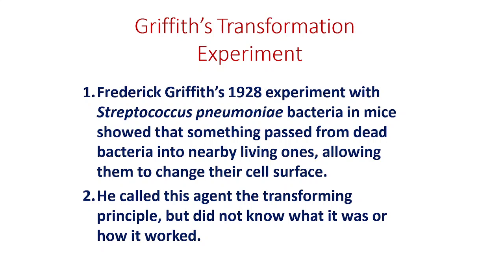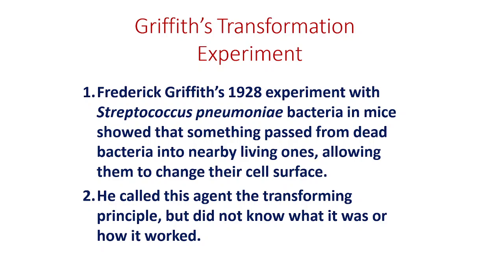He did experiments with the Streptococcus pneumoniae bacteria in mice, which showed that something passed from the dead bacteria into the living ones, allowing them to change their cell surface. He called this agent the transforming principle, but he had no idea how it worked.